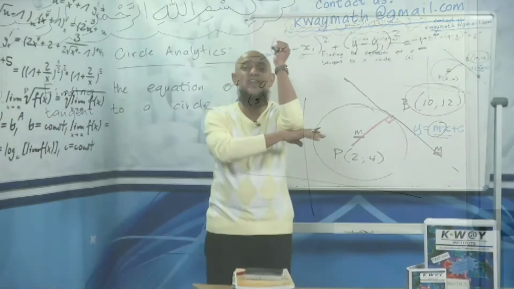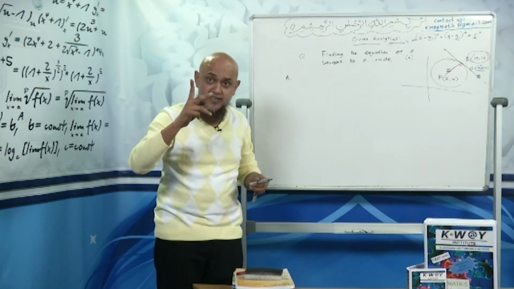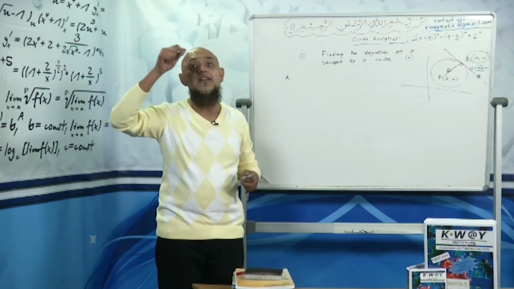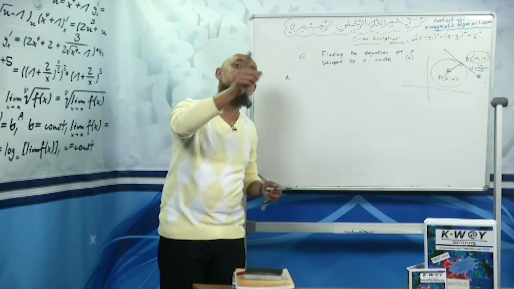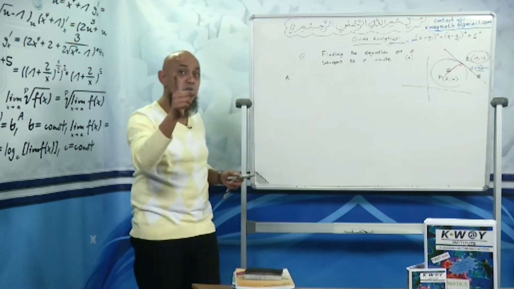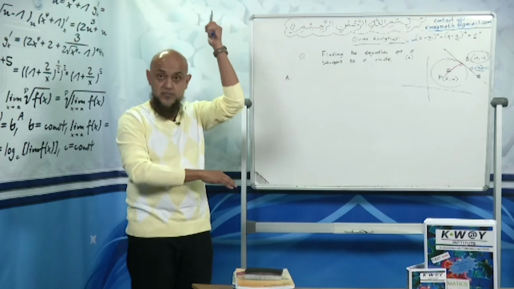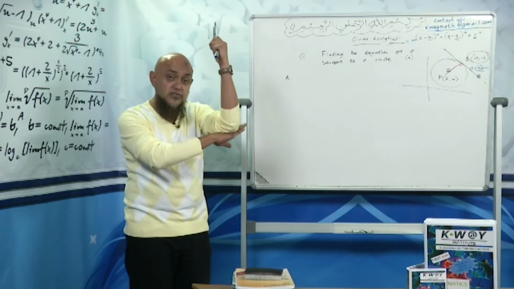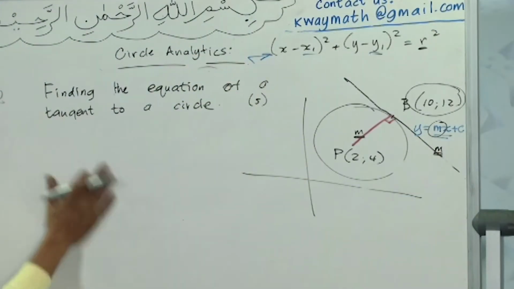Why? Because they meet at 90 degrees. And what is the rule for perpendicular lines? That the gradient of line 1 multiplied by the gradient of line 2 must equal -1. The product of the two gradients must equal -1.